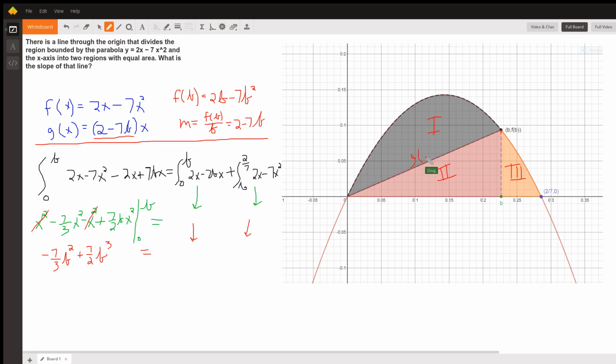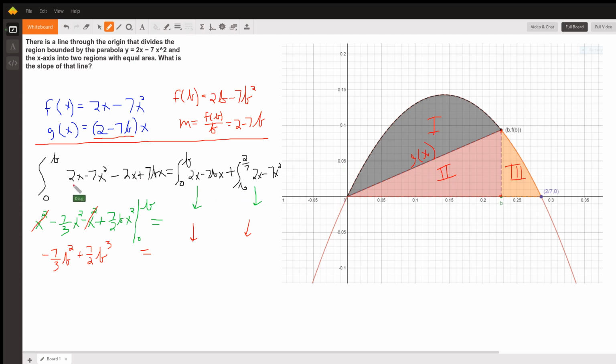So now we want to set up an equation that relates the area of 1 to the area of regions 2 and 3. Well, the area of region 1 is the area from 0 to our target point b. We're trying to figure out what b is, actually. And that'll be the area under the parabola, take away the area under the straight line.